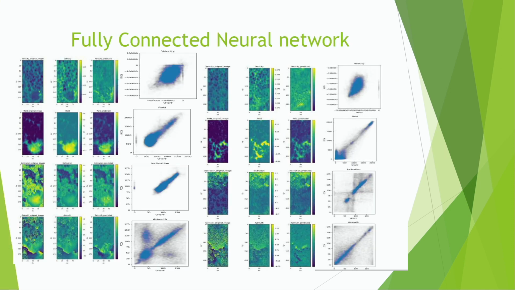As a very first step, I decided to work with fully connected neural networks, as we heard a lot about today. Generally speaking, convolutional neural networks are used for classification problems, while here I try to apply the machine learning approach to regression problems.